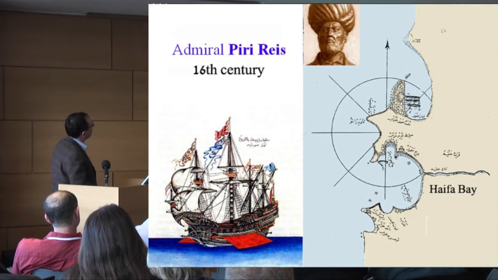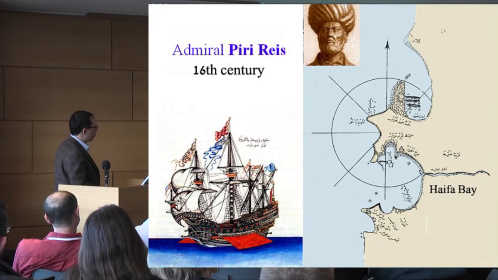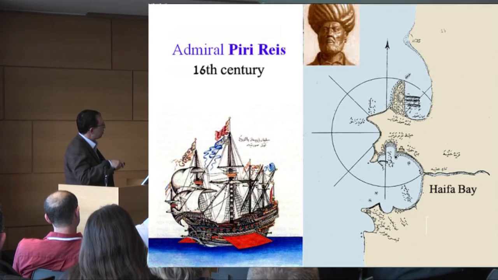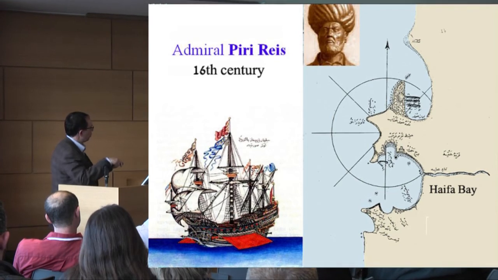So the second one is Admiral Piri Reis, the Turkish admiral, hydrographer actually. And you can see here Haifa Bay. Here is Tzor, yes, Tyre, and Caesarea is here.